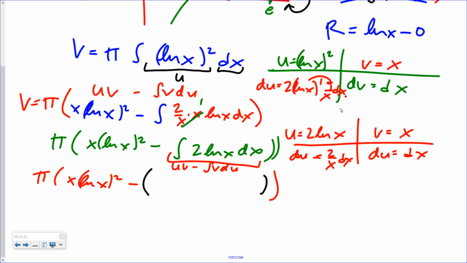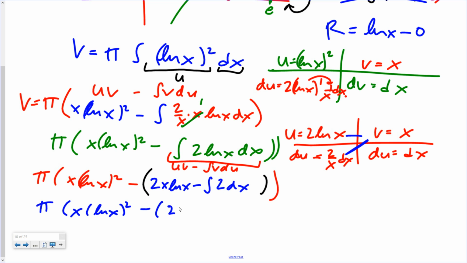Okay, so what's u times v here? 2x ln of x minus, okay, what's v times du here? 2 dx, very good. What is the integral of 2 dx? 2x, okay, so this becomes pi x ln of x squared minus, parentheses, 2x ln of x minus 2x.